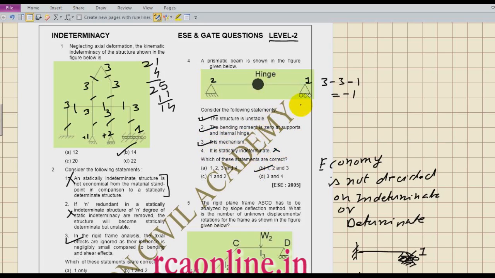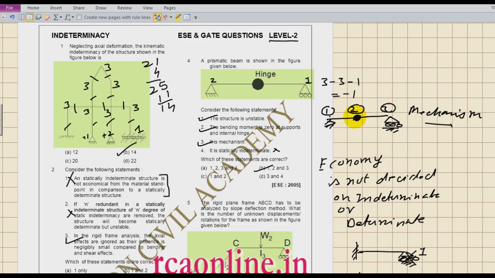Now what is a mechanism? I will not go into much detail, but I will discuss this when I discuss plastic analysis. Don't worry, but I give you one idea: if you have 3 hinges one after another, then that is a mechanism. Right now it is sufficient to know that if I have 3 hinges, one hinge, second an internal hinge, and third the roller, all 3 are treated as internal hinges.